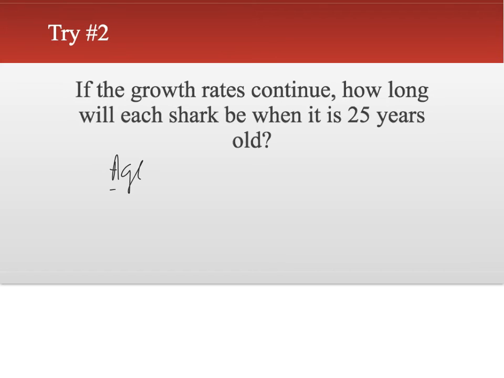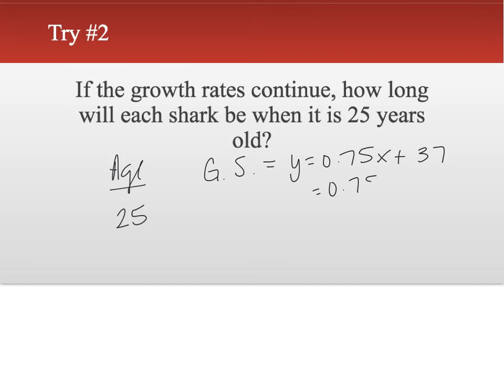So again, we have the age, so at 25. And when we were talking about the Greenland shark, that equation was y equals 0.75x plus 37. So I'd have 0.75 times 25 plus 37.